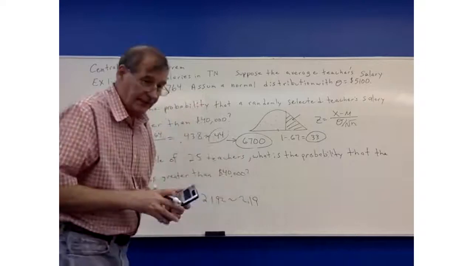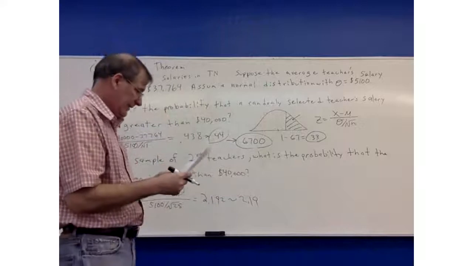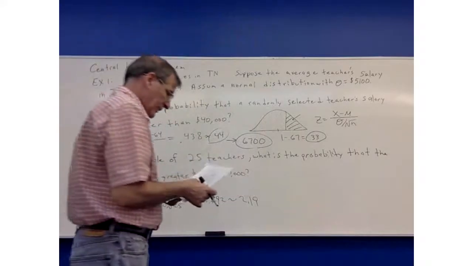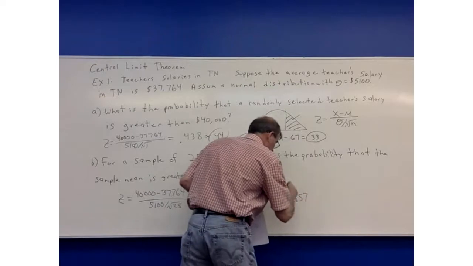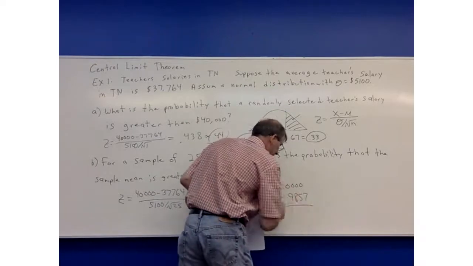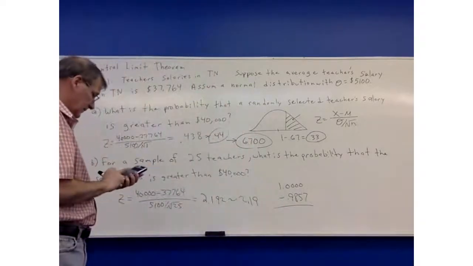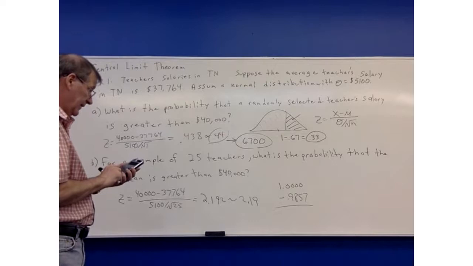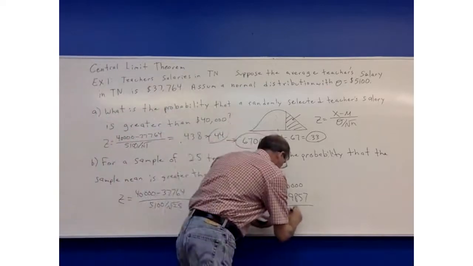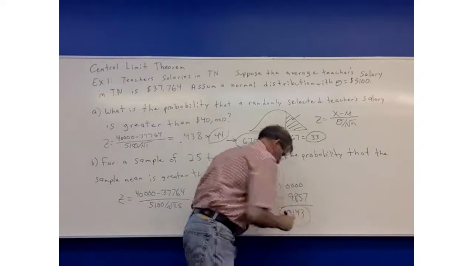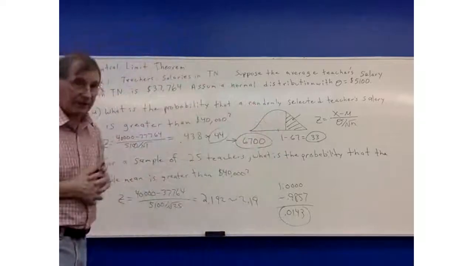So if we look this up, 2.19, we get 0.9857. 1 minus that. 1 minus 0.9857 is 0.0143. Okay, so that's how you do that.